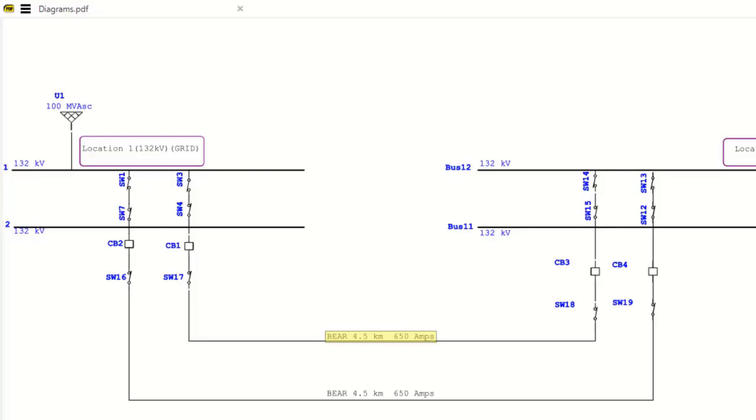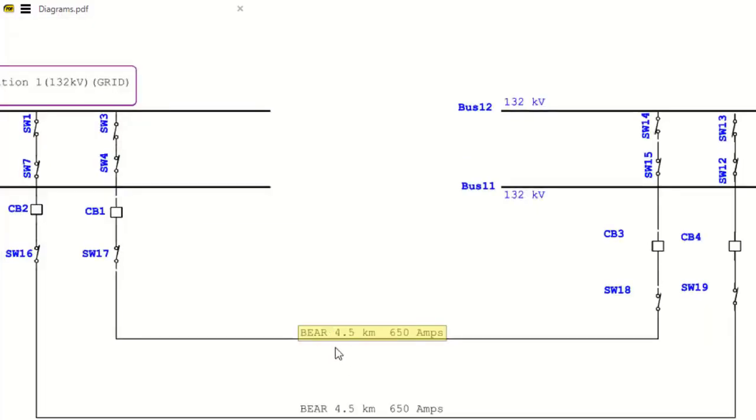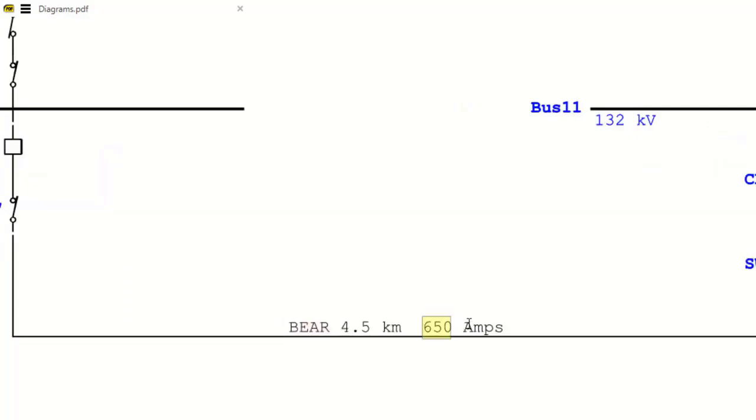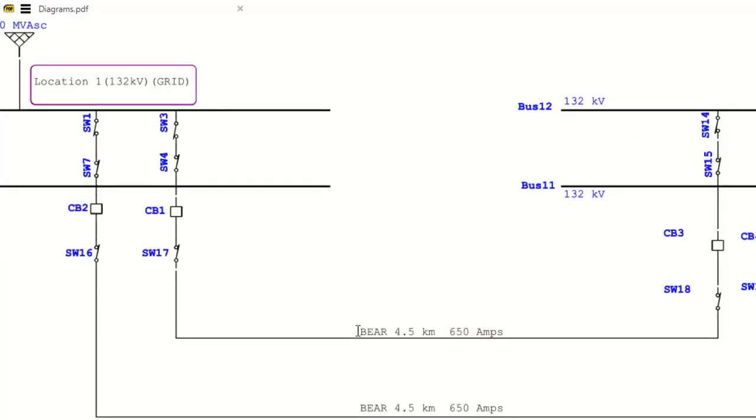From here to here we have a total distance of 4.5 kilometers using a cable system. The cable here is rated at about 650 amps. You can locate this cable and other specifications from a table that has all the references.